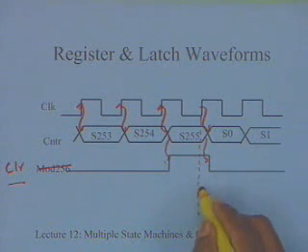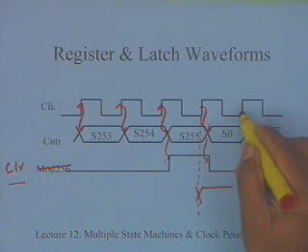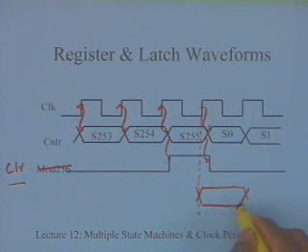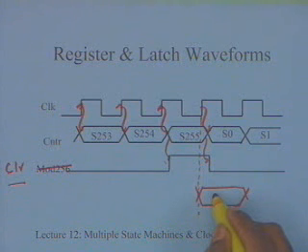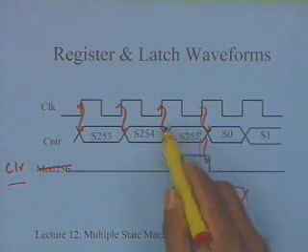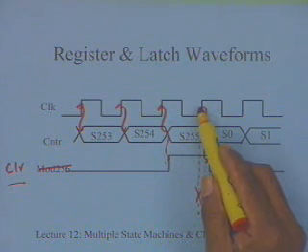So as far as the M1 is concerned, doesn't matter where it is, I know what state this is going to be, A, irrespective of what it is. And this corresponds to every 256th clock edge.